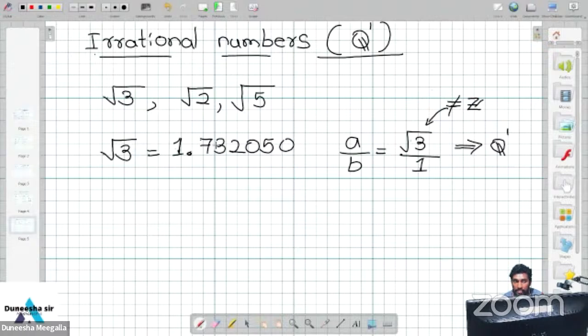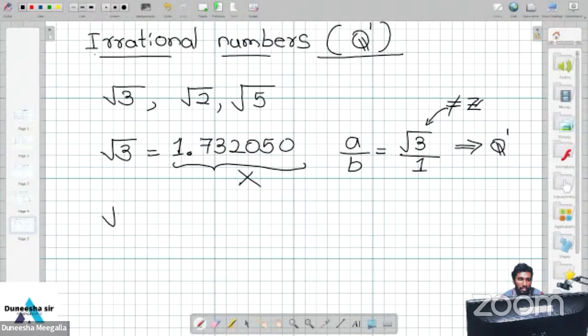Root 3 is 1.32050 likewise. Is it an integer? Not, because is it a positive or negative counting number? No. So it's not an integer. So root 3 over 1 is an irrational number.